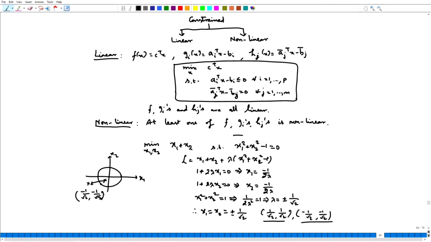So, you need to somehow accommodate the constraints that you have, say the gi of x, hj of x and all that, in such a way that you have some possibility of using this technique of just finding out the direction and step size, if at all possible.